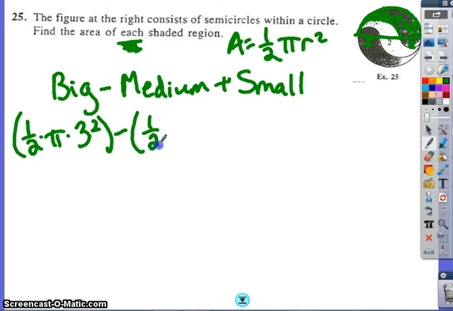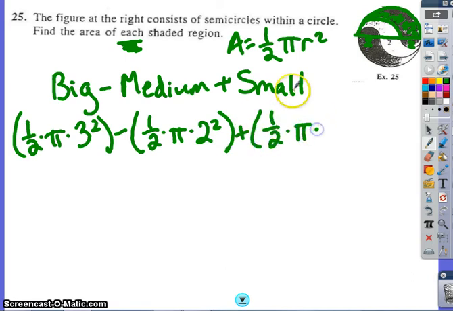Minus the medium one, so 1/2 times pi r squared. My radius for the medium one, there's my diameter of the medium one, which is 4. Half of that is 2 squared. And then plus the small one, 1/2 times pi times my radius of my small one. The diameter is 2, so the radius is 1 squared. And this is what I'm going to solve.